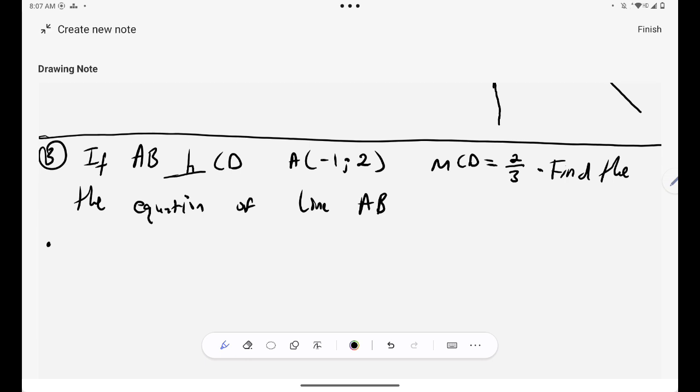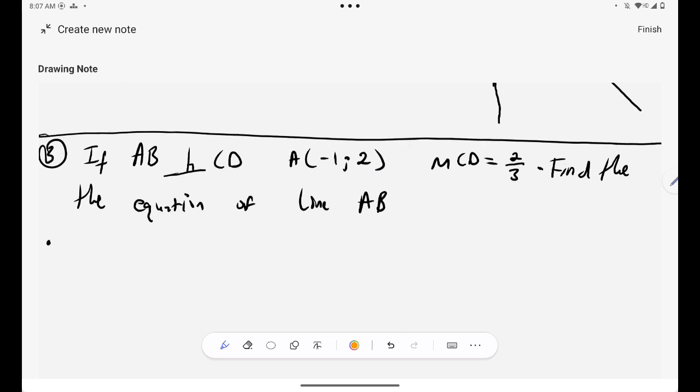Are we together? But there is information that I have that AB and CD are perpendicular. Please note that if ever you have 2 lines that are perpendicular, you can conclude that if AB is perpendicular to CD, it simply means that the product of their gradients is negative 1.